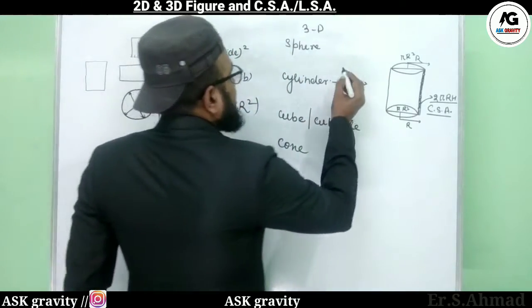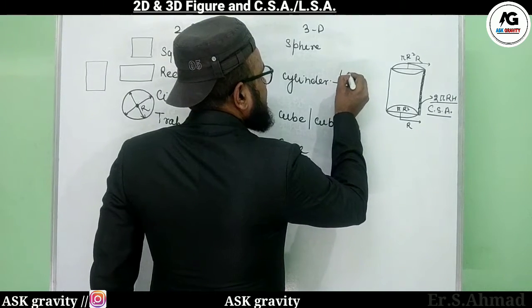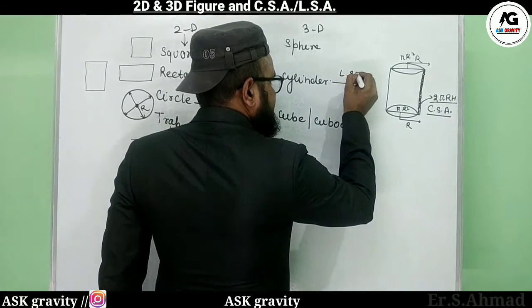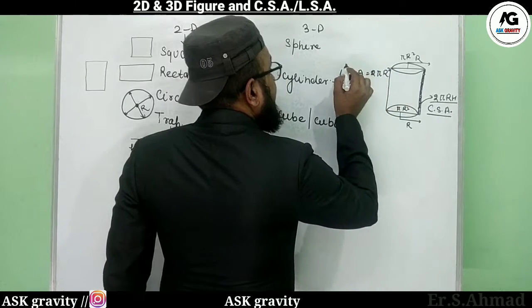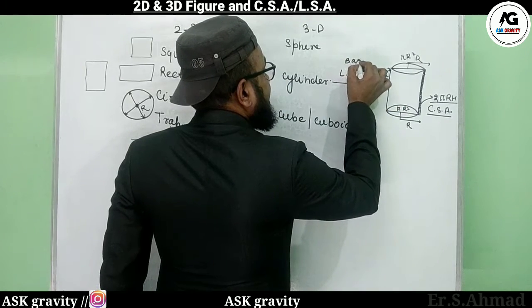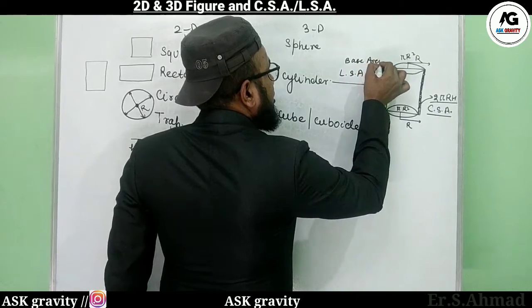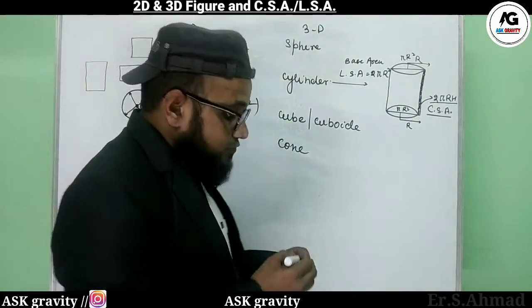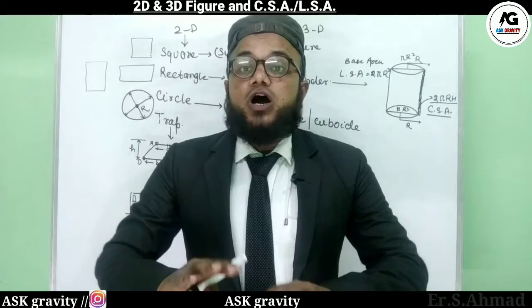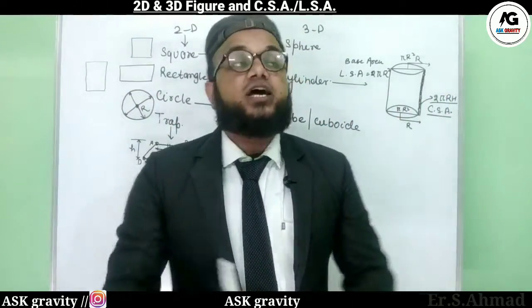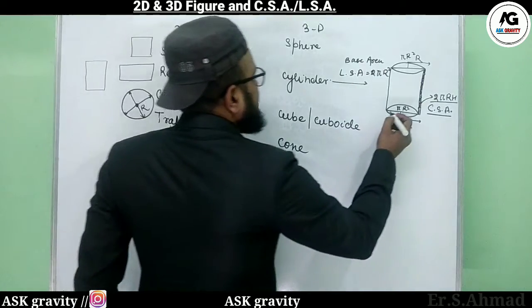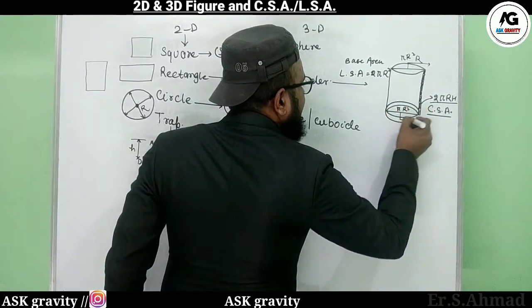So the base area of the cylinder is 2 pi r square. But when the question says that the upper part or the lower part of the cylinder is open, in that case we have to use only pi r square.